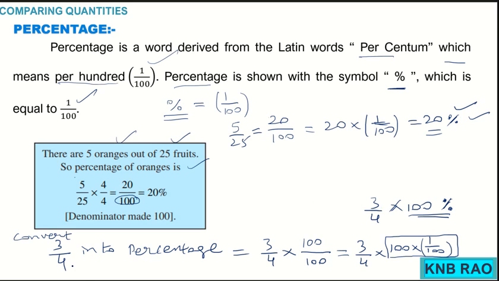Whenever I multiply any fraction by 100 percentile symbol, I can convert it into percentage. Here, 4 ones are 4, 4 25s are 100, so 3 into 25 gives 75, but with the percentile symbol. So 75 percentage is nothing but the fraction 3 by 4. This is the method of converting any fraction into percentages.